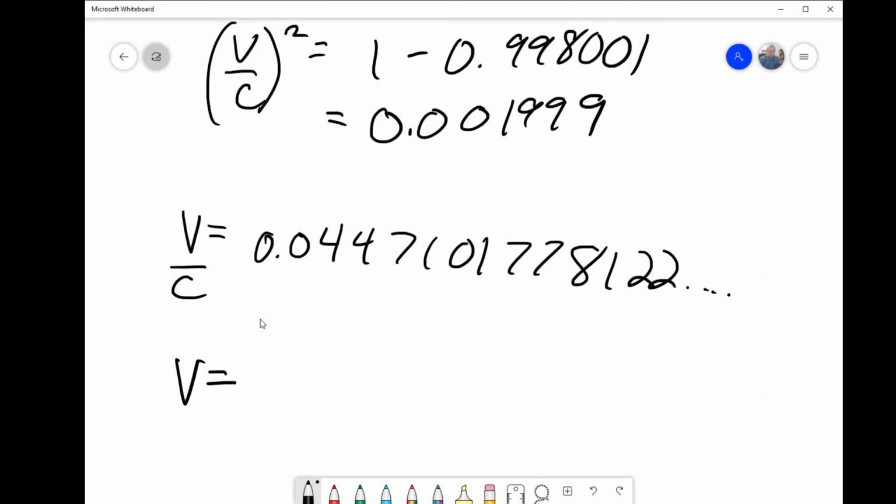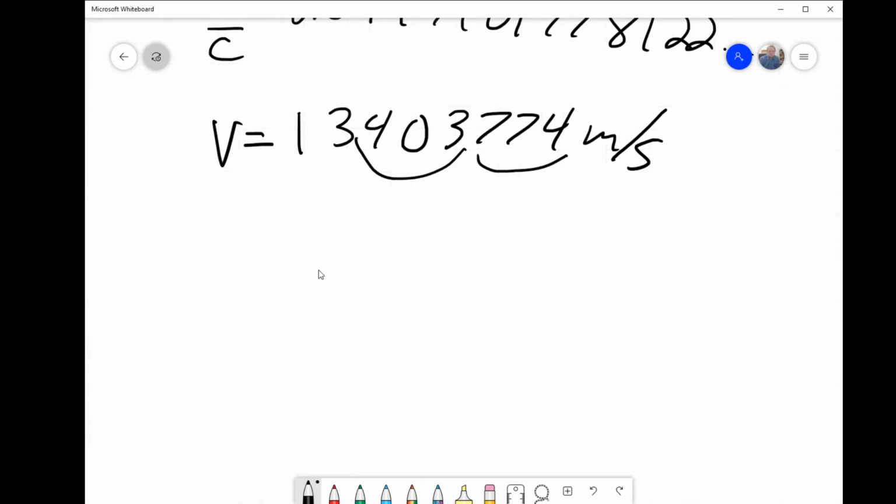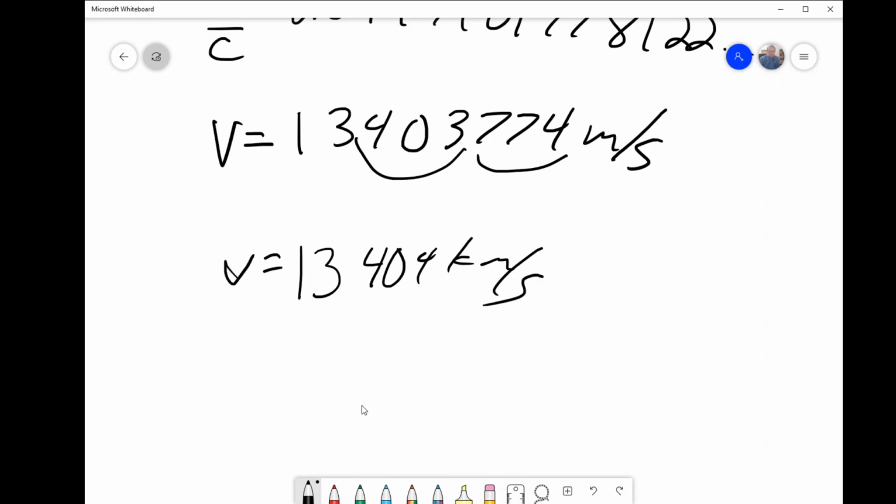Which means in order to measure this to the 3rd decimal place, our speed needs to be approximately 134.03774 meters per second. So, counting off our digits here, we have to be moving at about 13,000 kilometers per second before we're going to measure even the slightest impact of relativity just based on the length contraction.